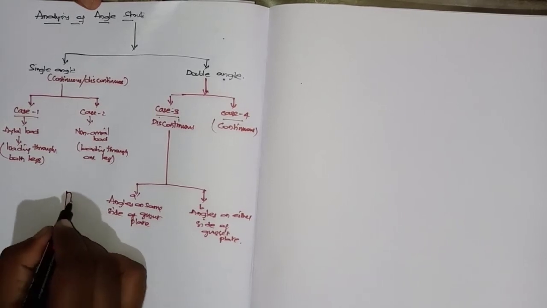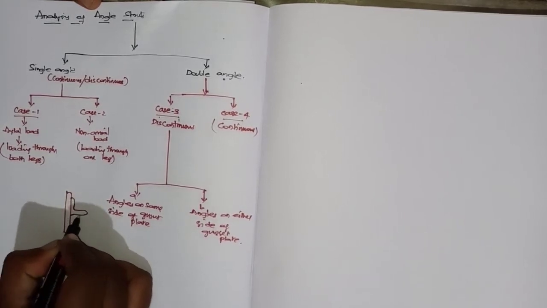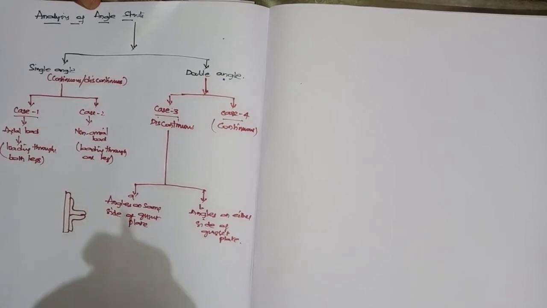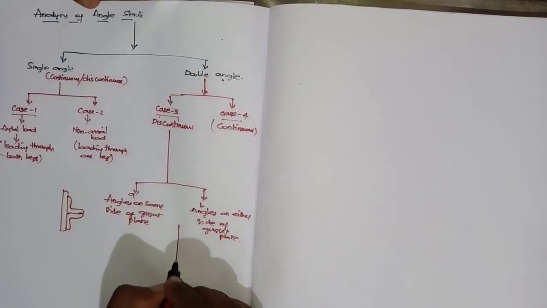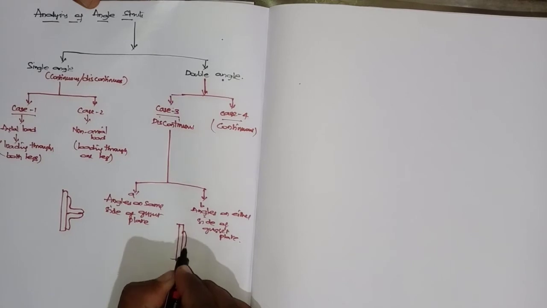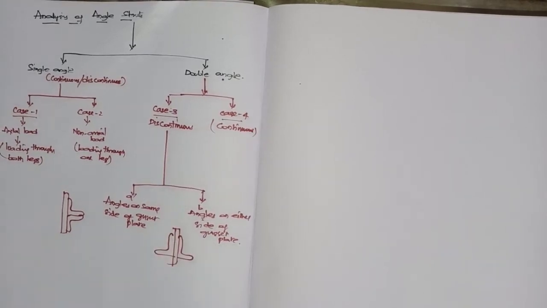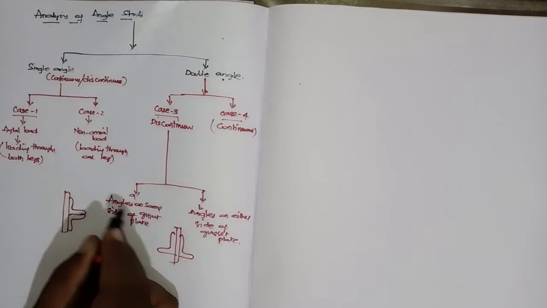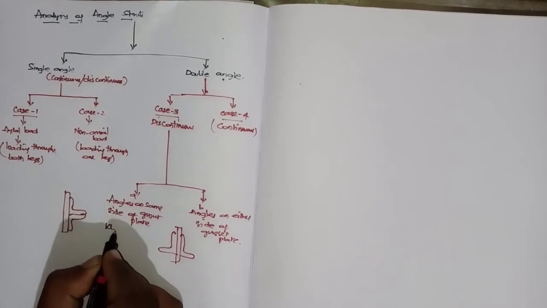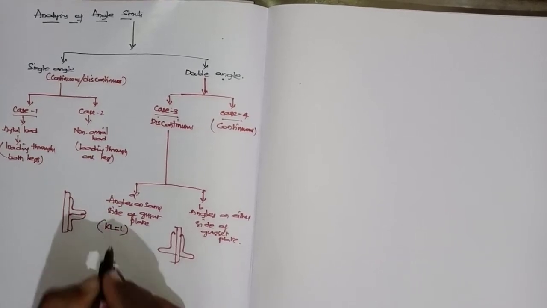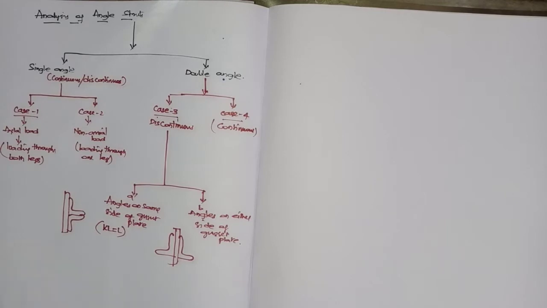Same side of gusset plate means I can draw the rough figure. If this is a gusset plate, like this is the condition. On either side of gusset plate, if this is a gusset plate, like this the criteria will be. Now when the angles are on the same side of the gusset plate, you will have only one effective length, that is effective length equals actual length.